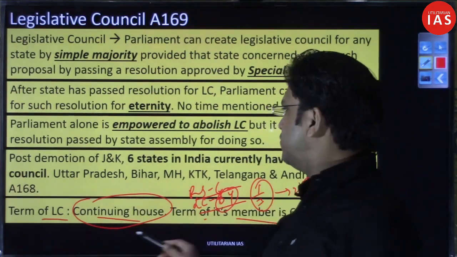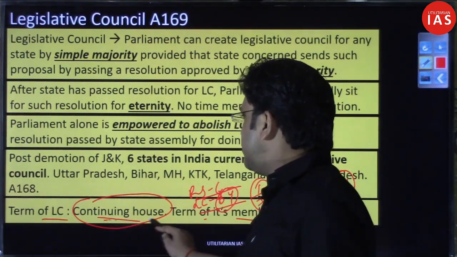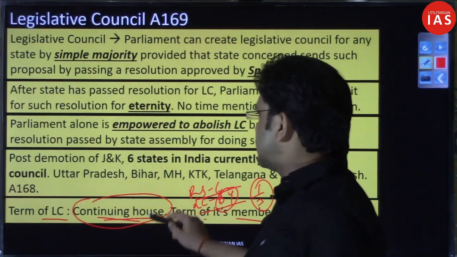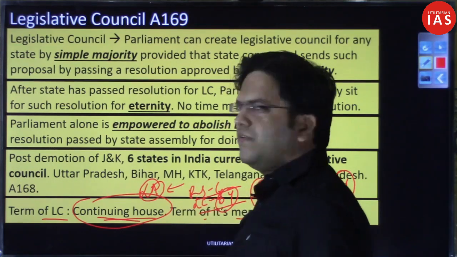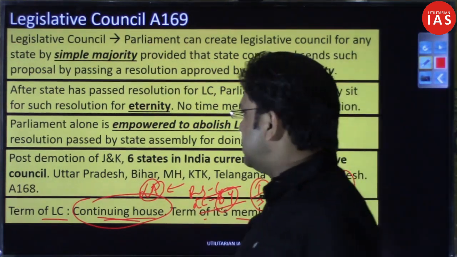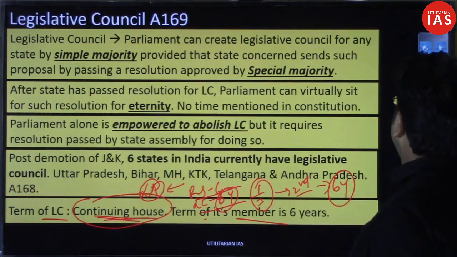So I hope that point is clear. The legislative council is a continuing house. It is not like the legislative assembly or Lok Sabha at the central level, which can be dissolved every 5 years or even before. It is a continuing house like Rajya Sabha. I hope that point is also clear.